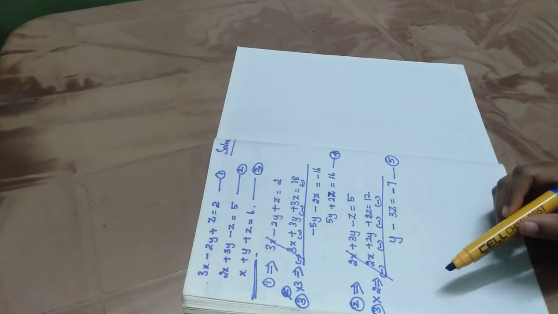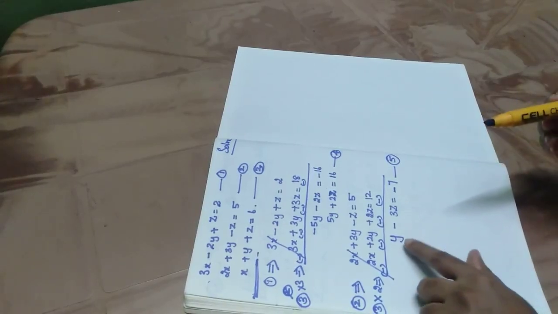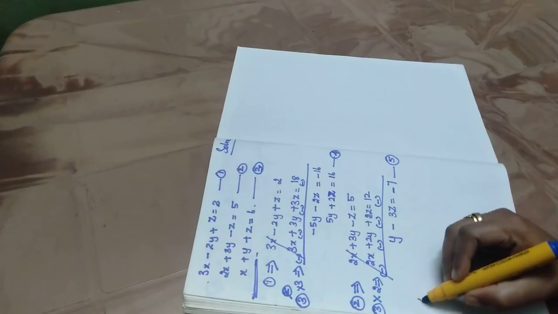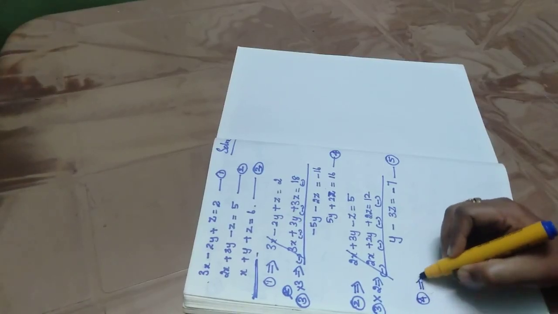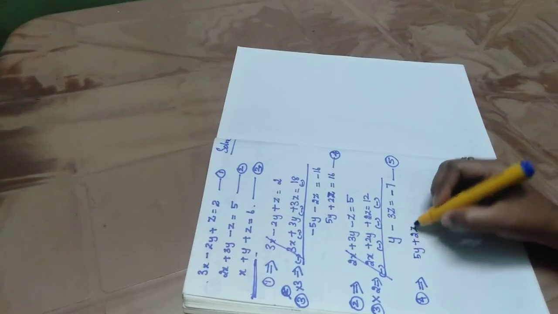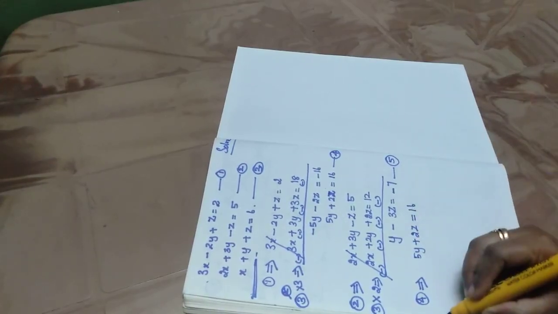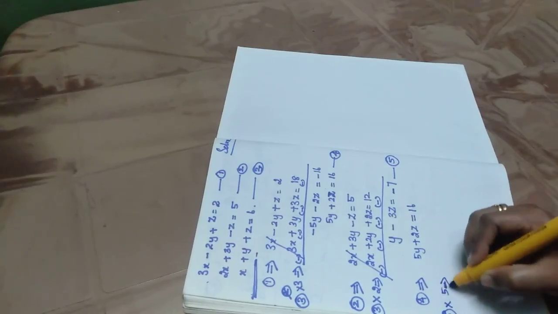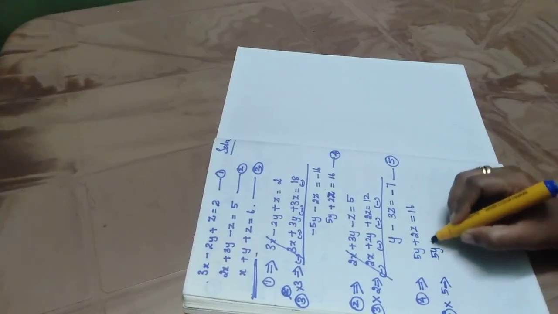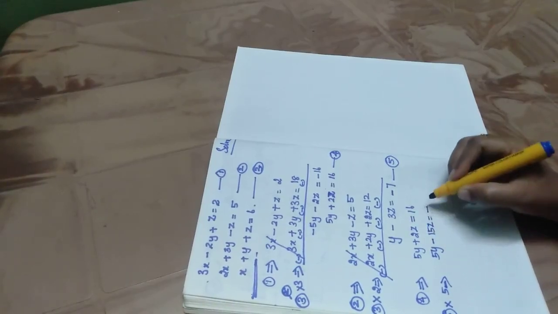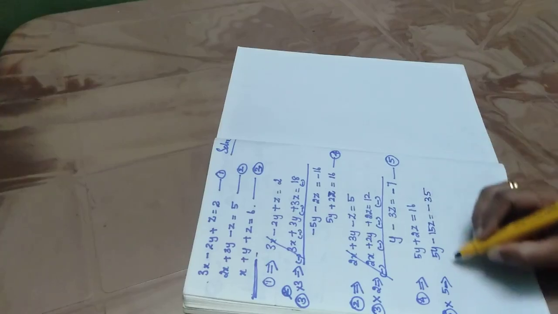So which one is easy to cancel first? Yes, y is easy to cancel. So fourth equation: 5y plus 2z is equal to 16. Now fifth equation into 5 implies 5y minus 15z is equal to minus 35.